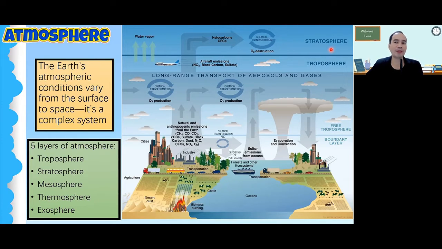Also in your stratosphere, I'm not sure if you are familiar with riding an airplane and then the pilot announces that the plane is now flying at 33,000 feet. That 33,000 feet is already in your stratosphere. So why would most airplanes love to fly in this area? Okay, very good.